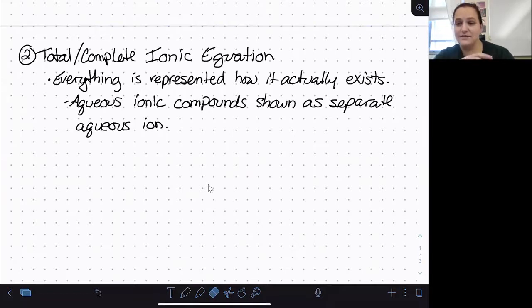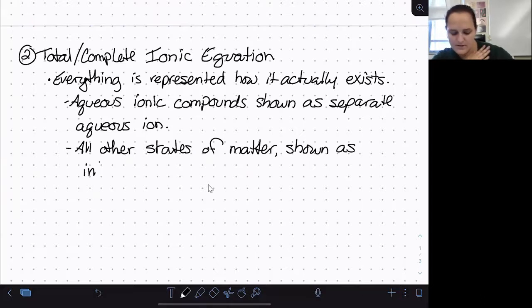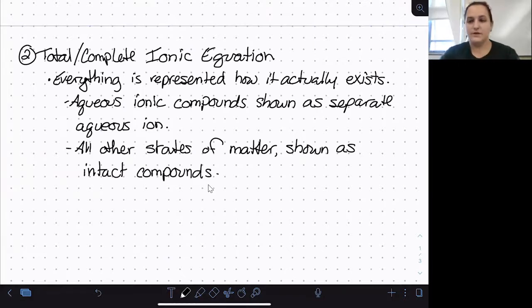Anything else is left together. So all other states of matter are shown as intact compounds, not split apart. So everything else stays normal, but if something is an aqueous ionic compound, it's separated into its different ions because that's how it actually exists.